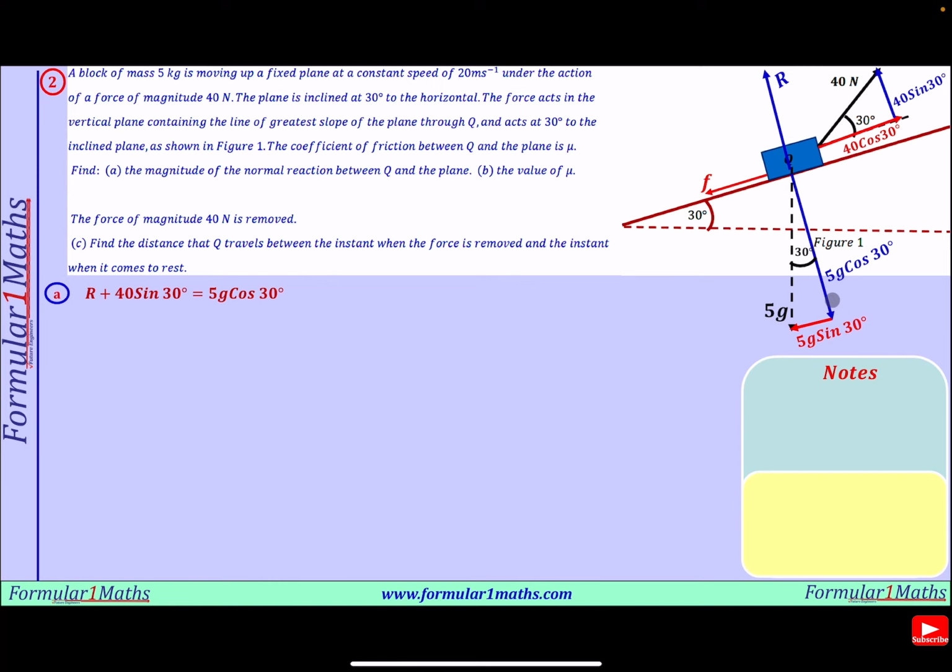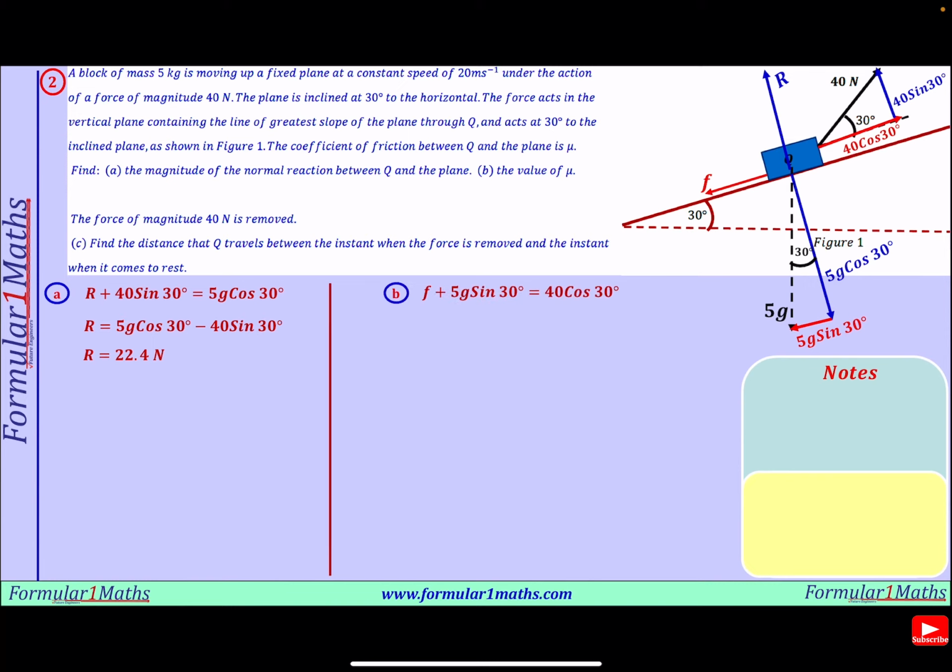And so we get this equation here. If we rearrange, we're going to get 5g cos 30 minus 40 sin 30. And we evaluate this to get 22.4 newtons. And that is the value for the normal reaction force.